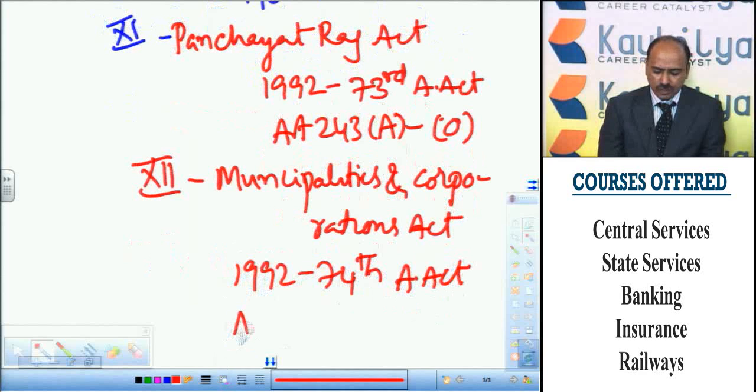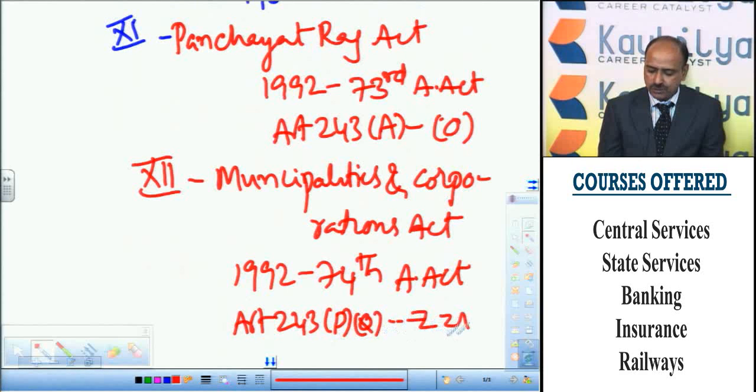From Article 243P to ZG, P, Q up to Z, ZA to ZG, all these were mentioned. A total of 18 clauses were mentioned for municipalities and corporations.